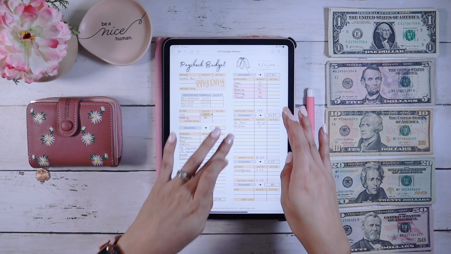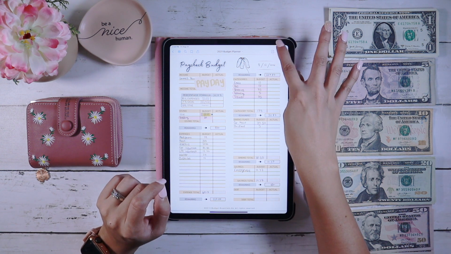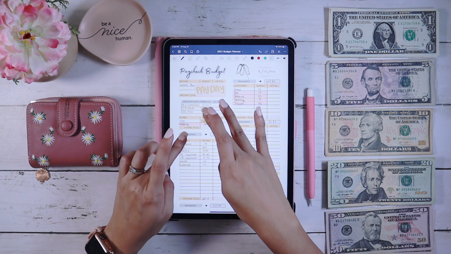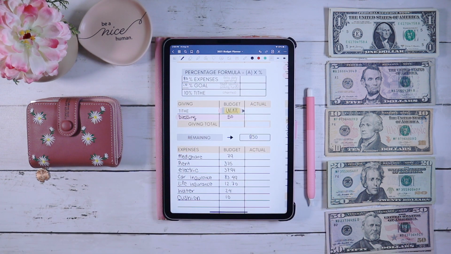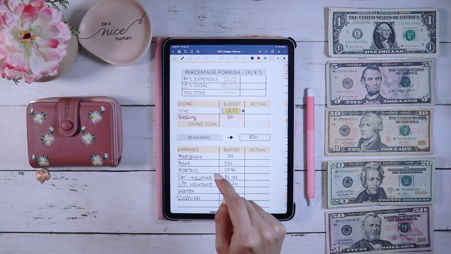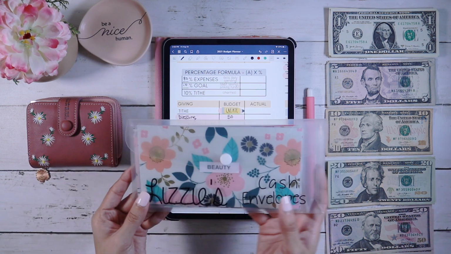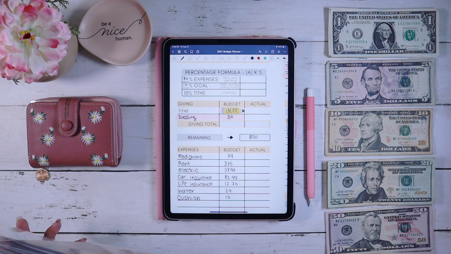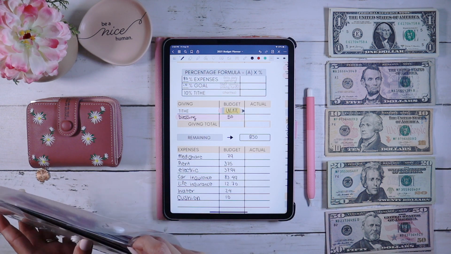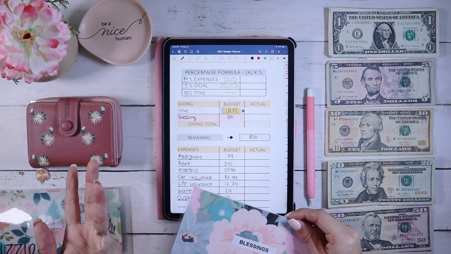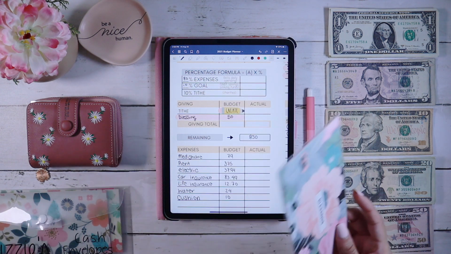So let's just get to stuffing, and we are going to be first starting off with our sinking fund. We are stuffing our blessing envelope, and I have that in this pouch here. That's the only one that we're going to be stuffing for our cash sinking fund. Sometimes you can only stuff one, sometimes you can't stuff any, and that is okay.